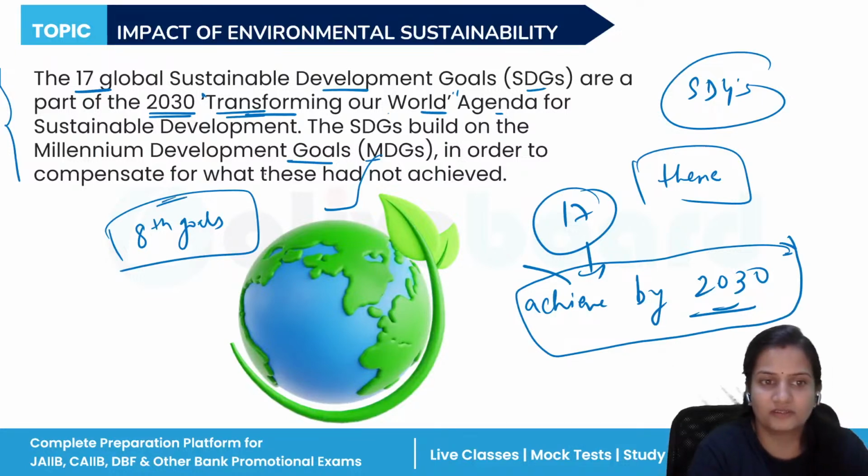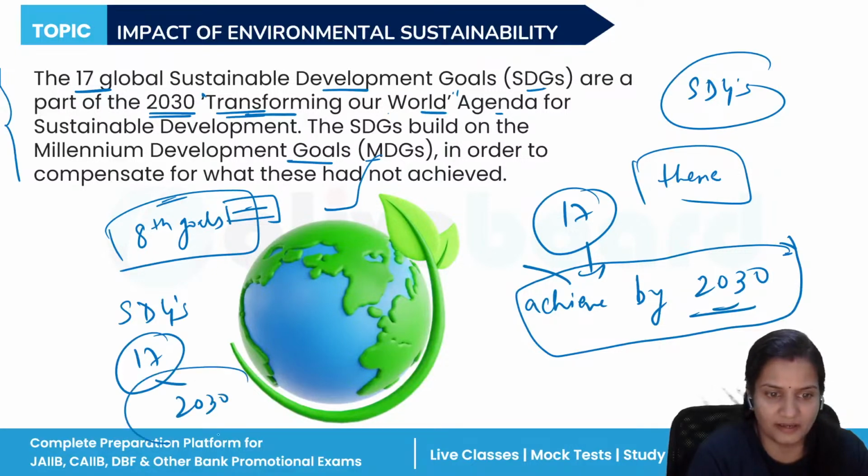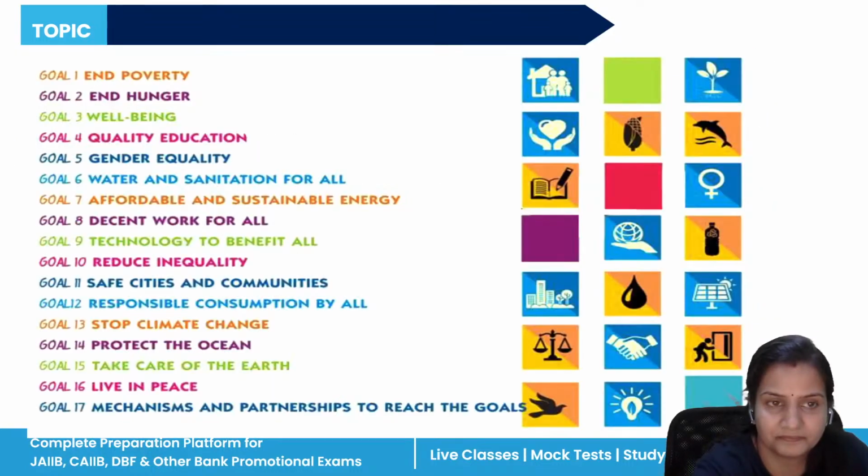We achieved all the goals. So, keeping this as an inspiration, we have again set our 17 SDGs which we need to achieve by 2030. Let's see how many goals we can achieve by 2030.